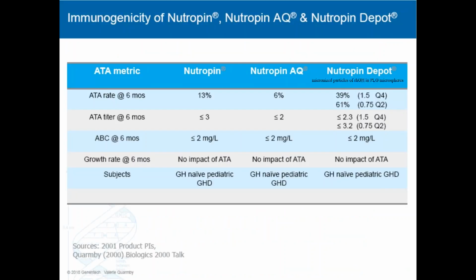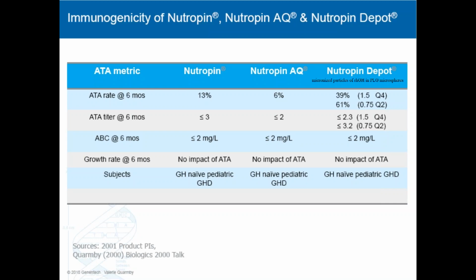And I have an example, and this may not be one in which the formulation actually changed the product, but here's one in which the human growth hormone depot preparation was developed, in which there were micronized particles of growth hormone placed in PLG microspheres.